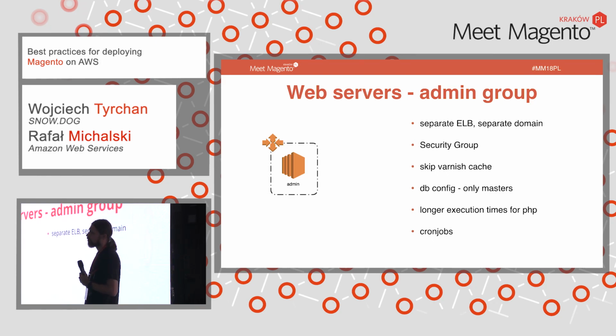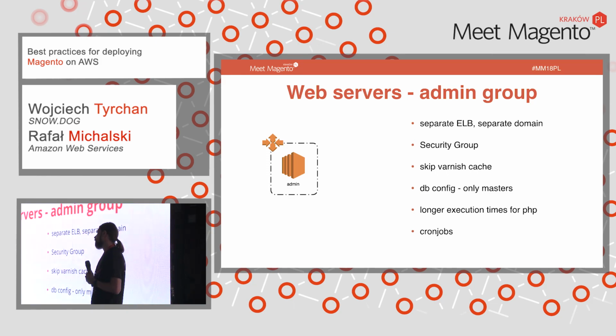The client-facing store views would be sub-stores on different domains. Of course, you attach the security group. The access is limited, let's say, to your shop admins' addresses, your office, whatever you want. You skip Varnish cache. You want everything to be up to date without worrying if Varnish maybe cached something.